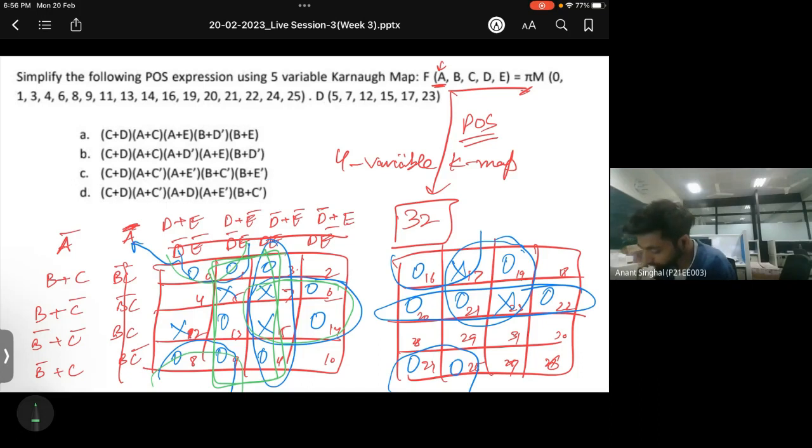So for the first part it will be E bar and A. For first it will be A plus E bar, and the rest, let's leave those and focus on this.